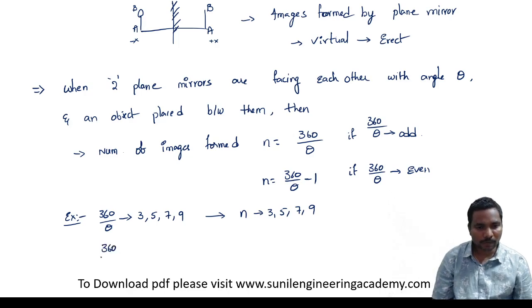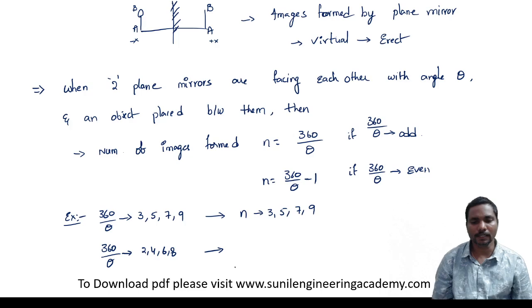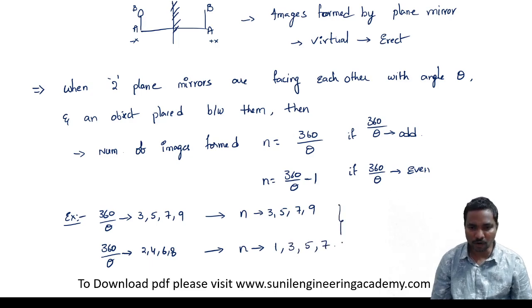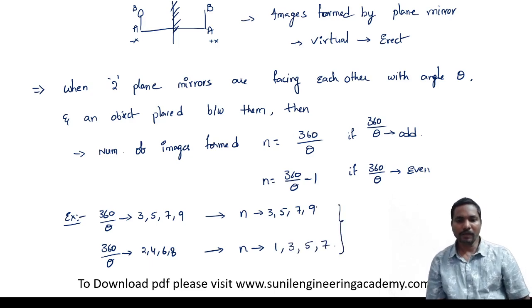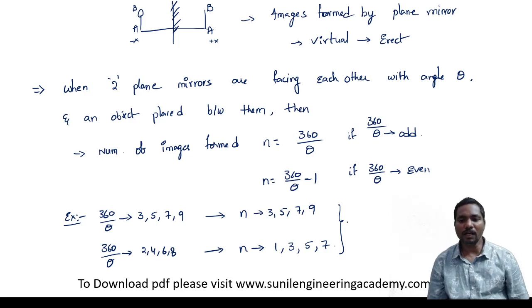If 360 by theta value is like 2, 4, 6, 8, then the number of images formed will be 360 by theta minus 1, that is 2 minus 1 is 1, 4 minus 1 is 3, 6 minus 1 is 5, 8 minus 1 is 7. So from this, 3, 5, 7, 9, 1, 3, 5, 7, all are odd.